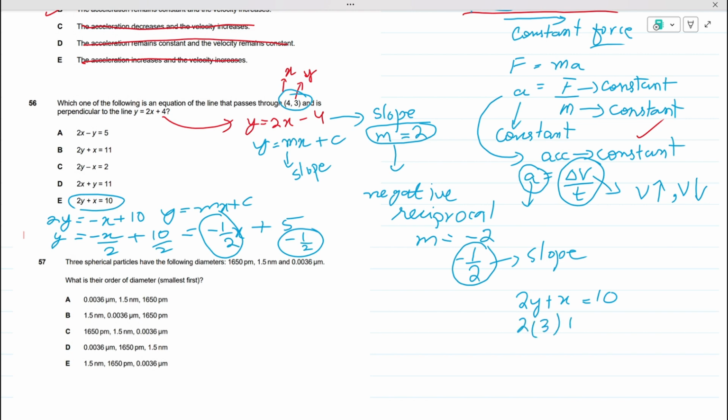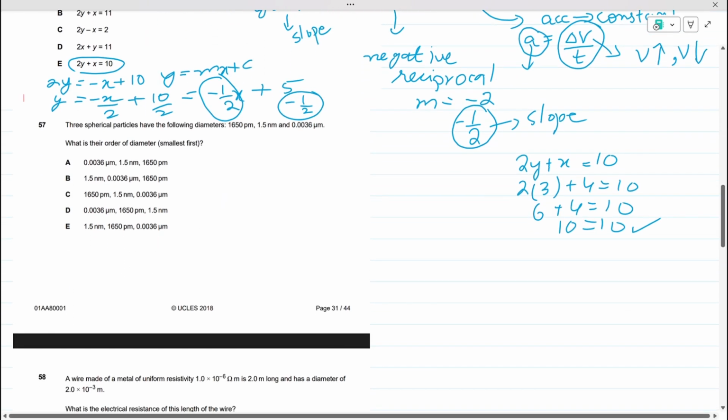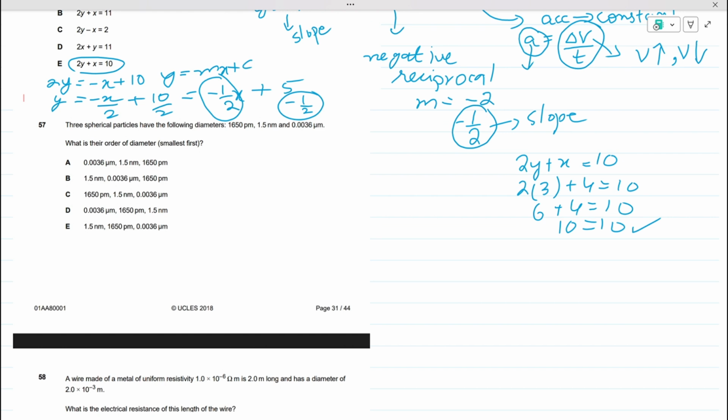So let's put 3 instead of y and 4 instead of x. 2 threes are 6, plus 4 equals 10. 6 plus 4 is 10, equals 10. It is satisfying, which means E is the correct answer. I hope you understand how we found that. Just know this: the slope of the line which is perpendicular to the original line will be the negative reciprocal. Remember this.